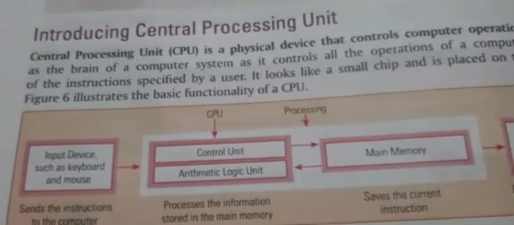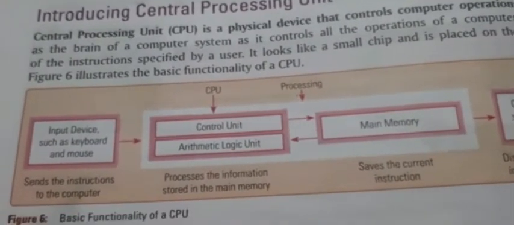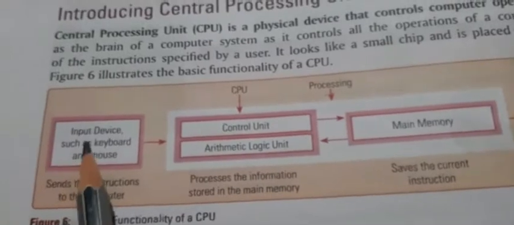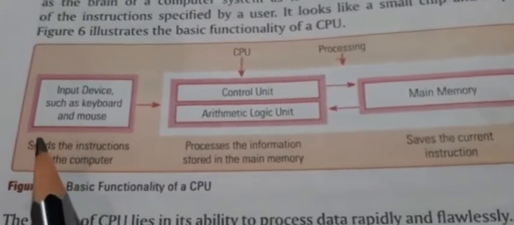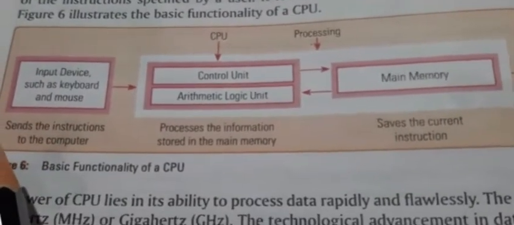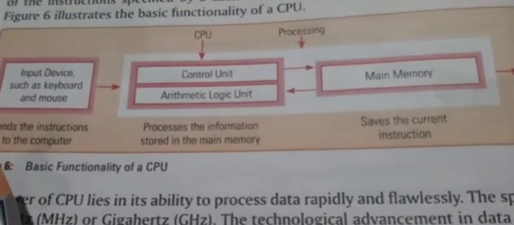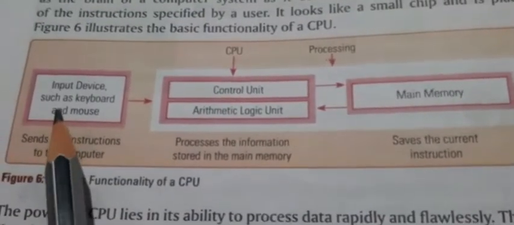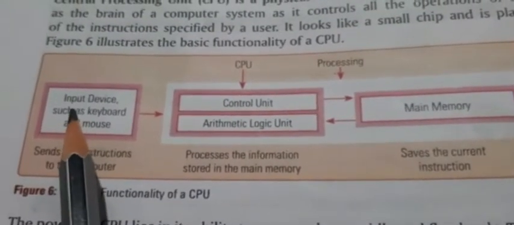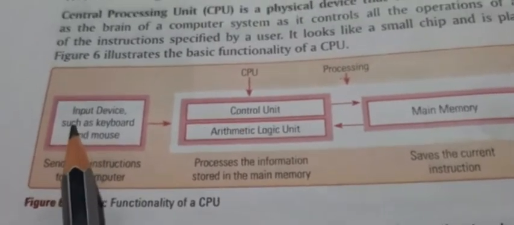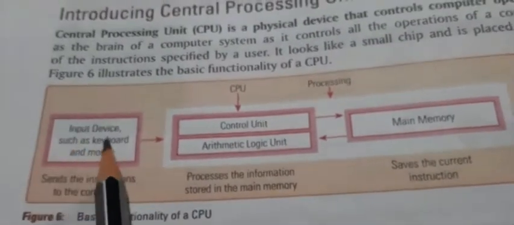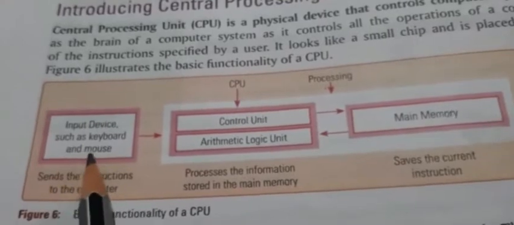Okay, so first let's see the diagram given here. In this diagram you can see the working of a computer system. First of all, which we discussed yesterday, are input devices such as keyboard and mouse.